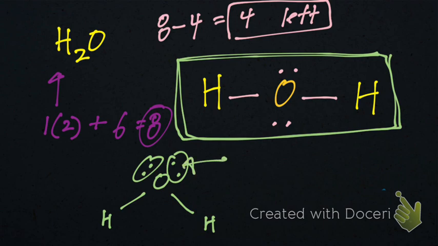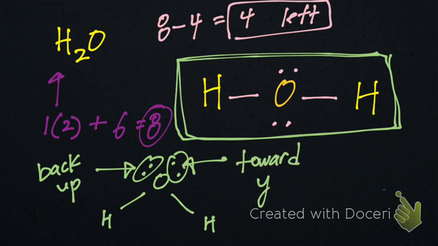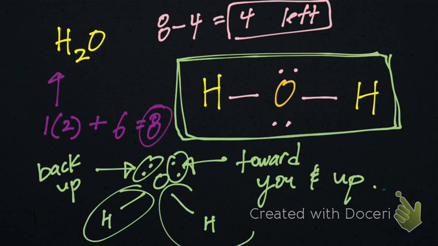These two would be popping toward you and up, and these two would be shooting into the screen toward the back and up. And have H and H just flat on the page, left and right, diagonal here and diagonal here. But these are back and up, and those are toward you and up.